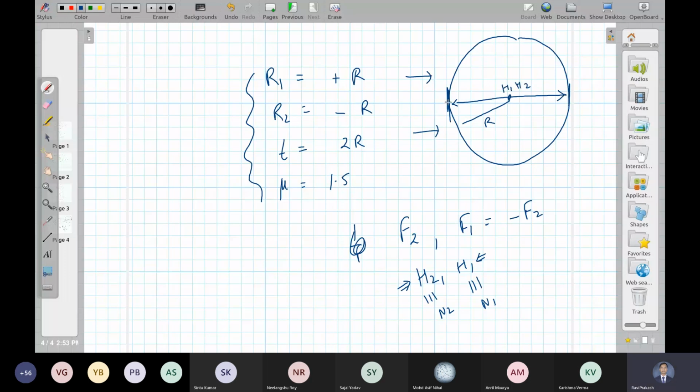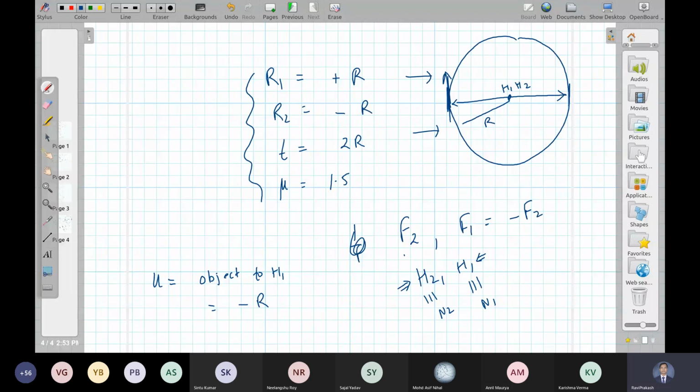If object is just touching the surface, object यहीं पर ही रखा है. What is U? U कितना होगा बताइए? U is object to H1 distance. Minus R. माइनस R. H1 के लेफ्ट में है, कितनी दूरी पर? माइनस R दूरी पर. फोकल लेंथ आपने कैलकुलेट किया है.